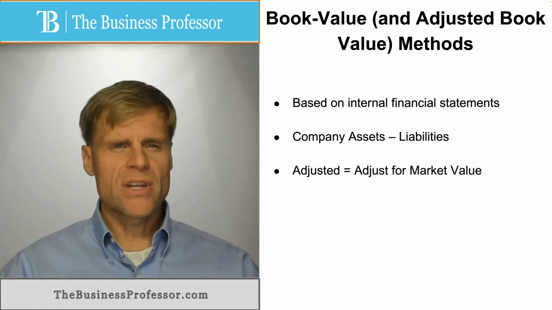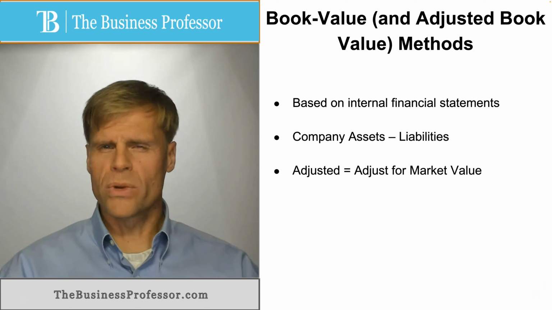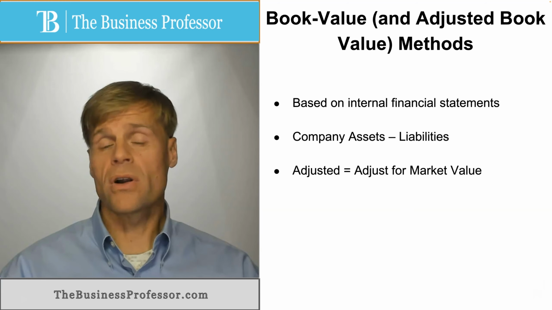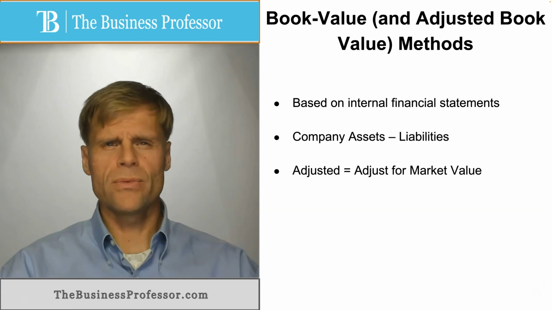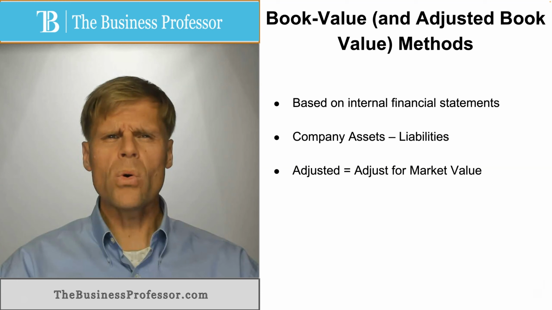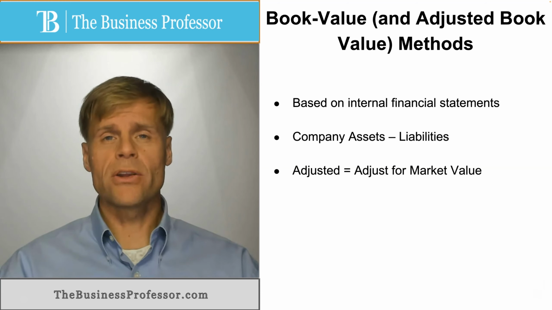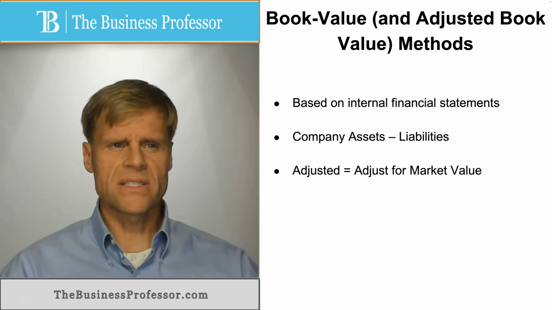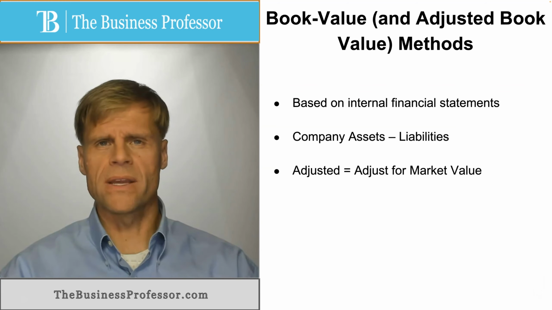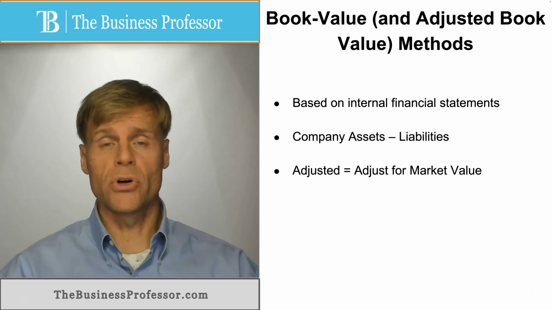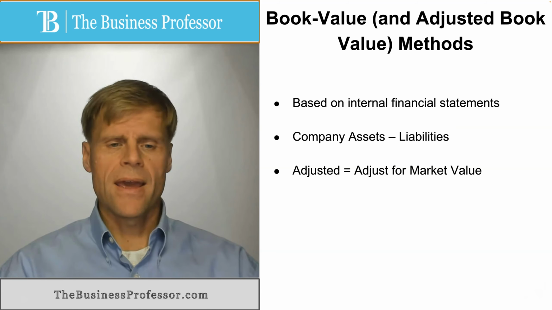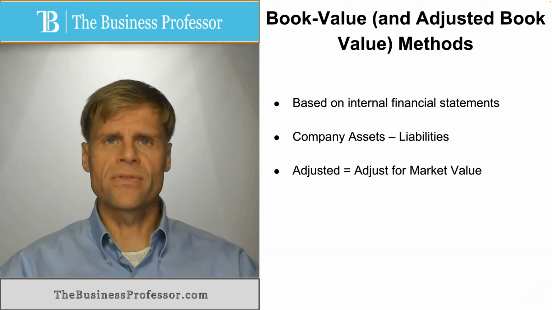In many situations, assets will depreciate really quickly, so the assets of the company will be actually far less valuable than the book value where the assets are recorded, or assets will retain its value or even appreciate, such as in the case of real estate. And in that case, you would look to the market value again and adjust the book values accordingly to come up with a valuation. So that's your adjusted book value.